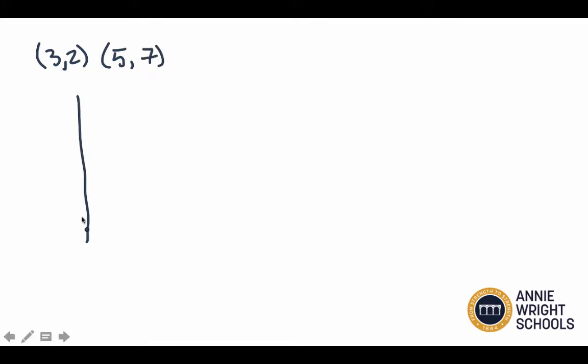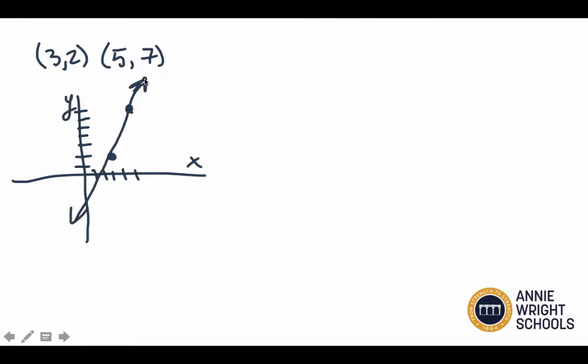So you could easily graph this line by going to the point 3, 2 and going to the point 5, 7 and graphing those 2 points on a coordinate plane and then just connecting the dots. That's a pretty easy way to graph an equation of a line when you have 2 points.